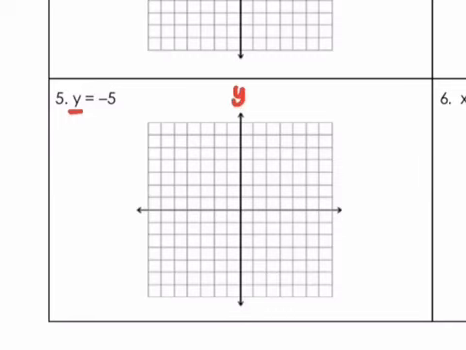So this is our y-axis. And we're going to put a point at -5 because that is our y-intercept. And when there is not a slope, it means it's a flat line. It's 0 slope. So that graphs that equation.